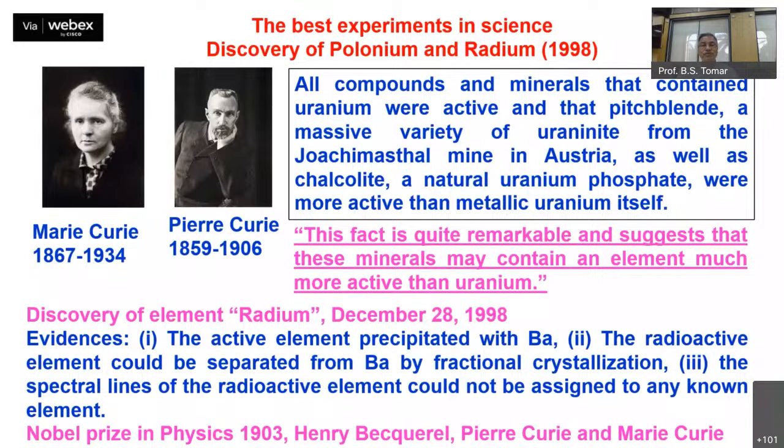They told that this element precipitated with barium, it can be separated from barium, and the spectral lines of this element cannot be assigned to any other element. And for this discovery, the Nobel Prize was given to this group of 3 people, Henry Becquerel, Pierre Curie, and Marie Curie. And it is not the end of the story.